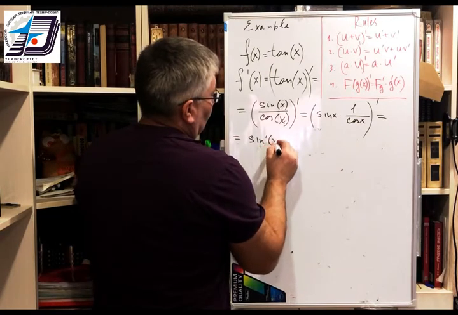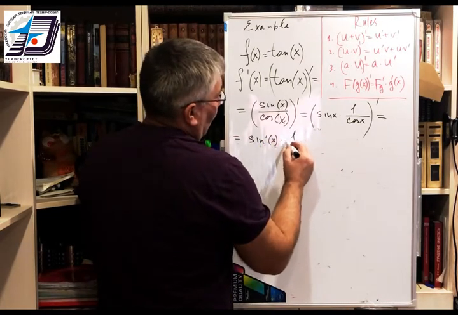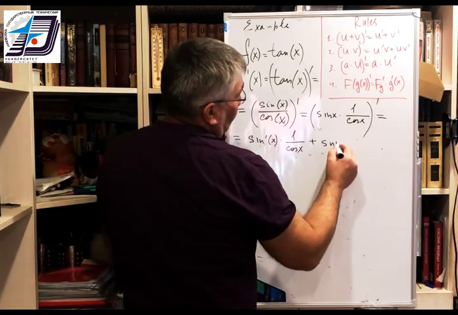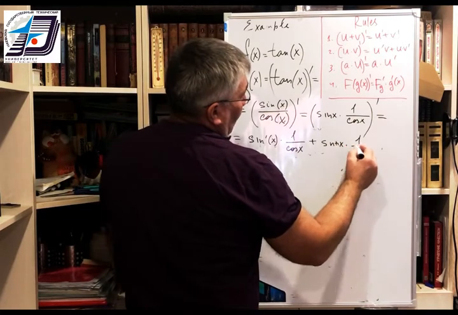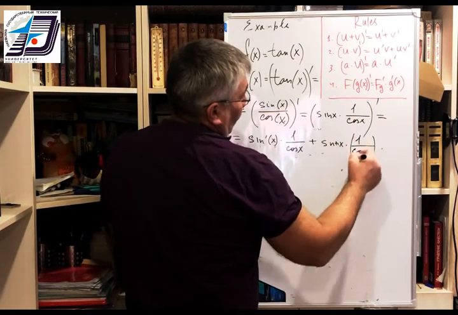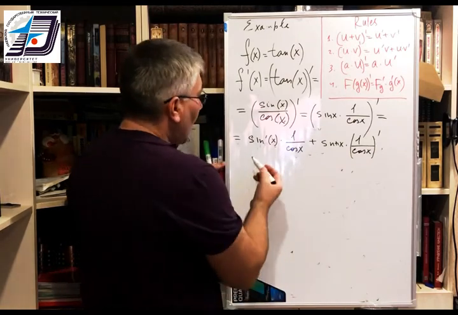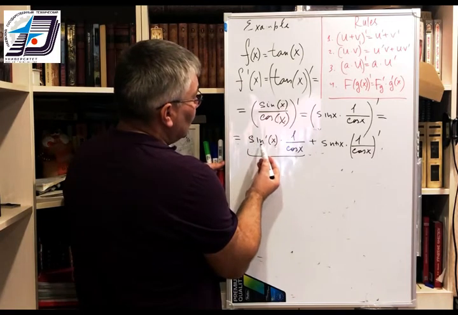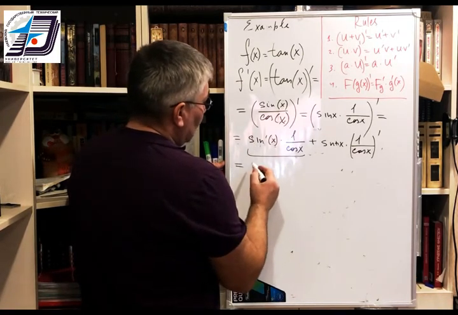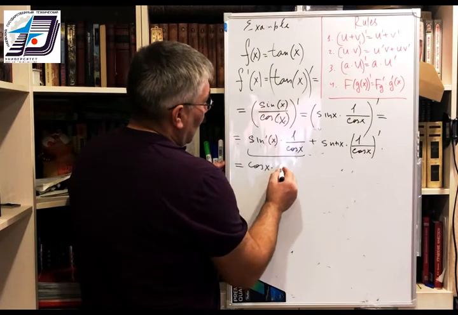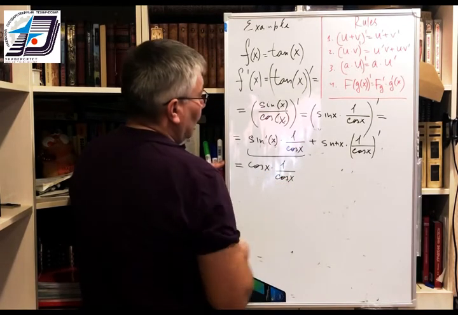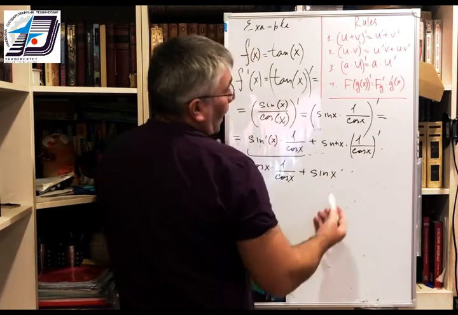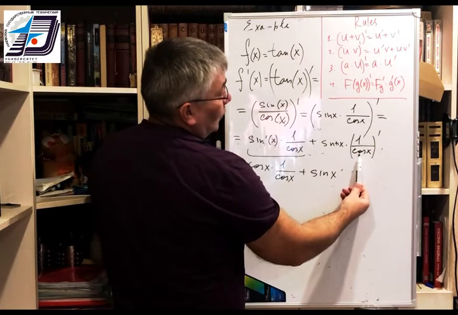It gives the derivative of sine x times 1 over cosine x, plus sine x times the derivative of 1 over cosine x. The first term is very easy to calculate if you remember that the derivative of sine gives cosine x, and you have cosine x times 1 over cosine x, plus sine x. But here we have a composite function.